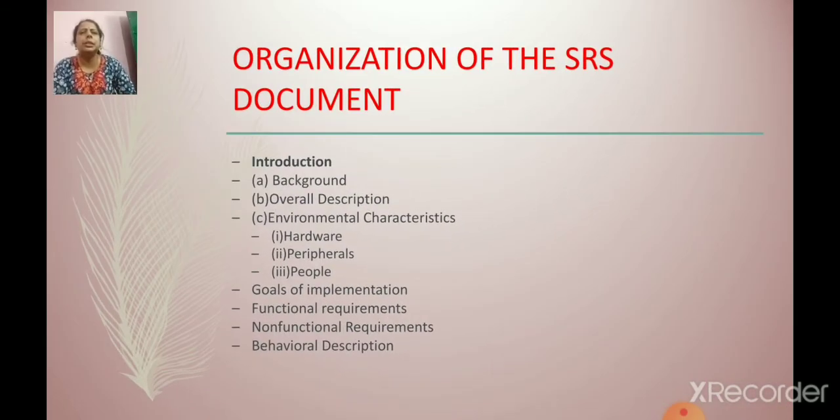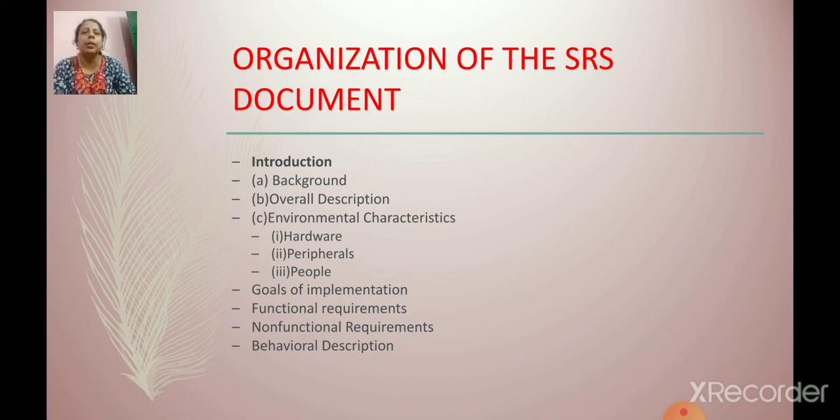These two examples are functional requirements. How can functional requirements be written in an SRS document? In the SRS document we have to write the input and the output. Then this is about the organization of the SRS document. First is introduction, background, overall description, environmental characteristic.